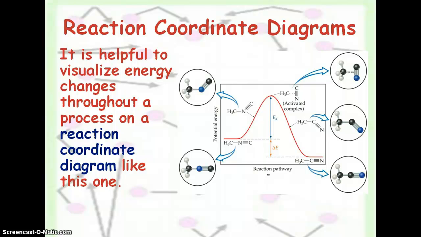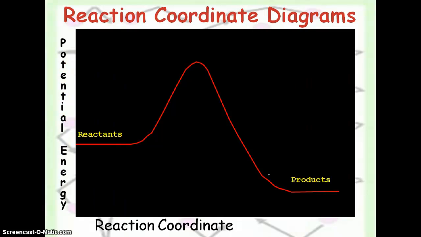All right, so this is a picture of a reaction coordinate diagram. It is a very helpful diagram that will help you see the energy changes throughout a process. All right, so let's just start learning these. These are a little different than the kinetic energy diagrams. Here you have potential energy on the y-axis over here, and then you have the reaction coordinate at the bottom.